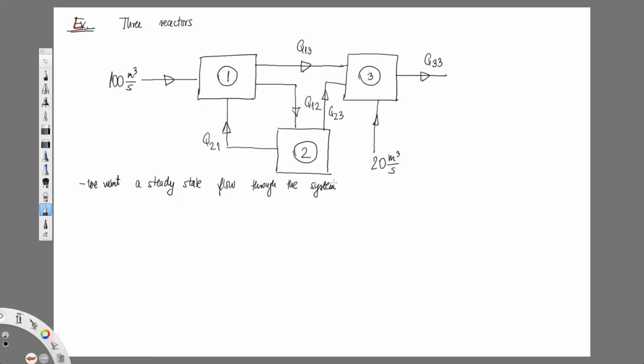So Q33 I immediately have, it's not really an unknown the way it was described here. Basically, mass balance: what comes in equals what comes out, and this is all done per second.